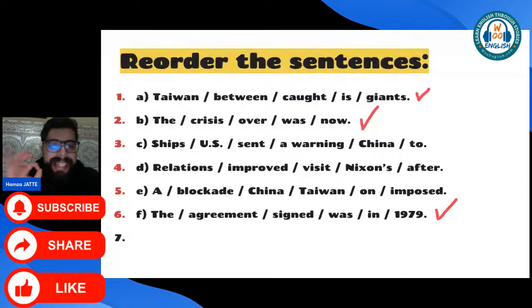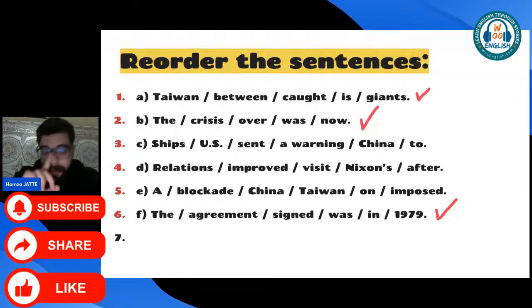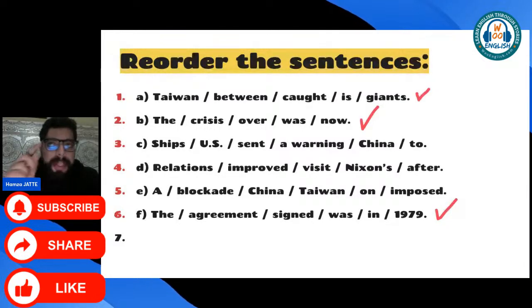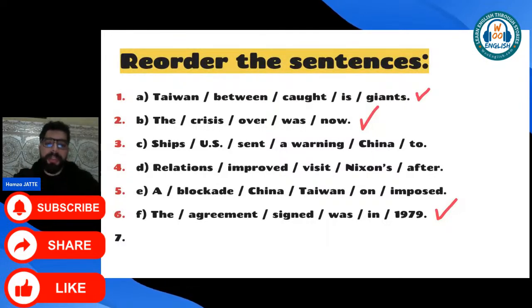Ships US sent a warning China to. Especially sentence number 3. I think there is more than one possibility or one option.